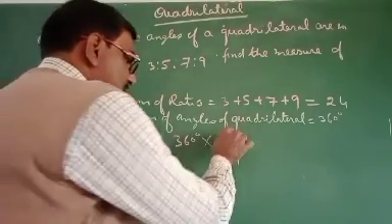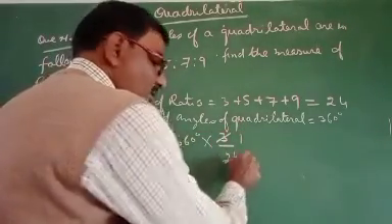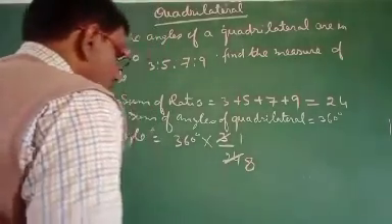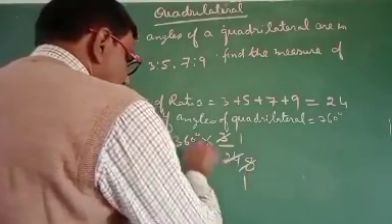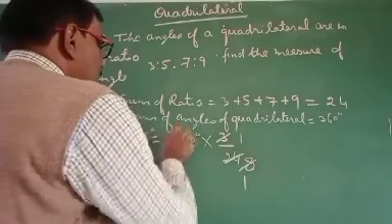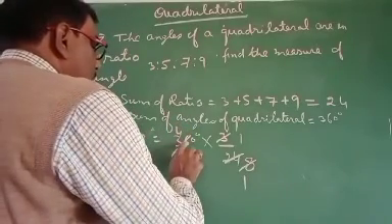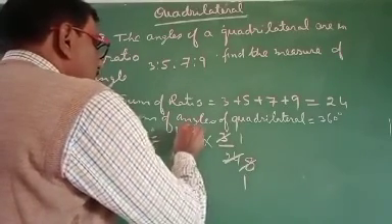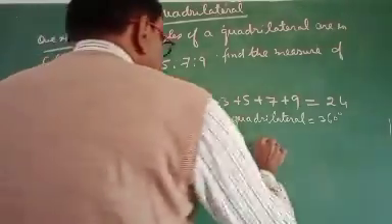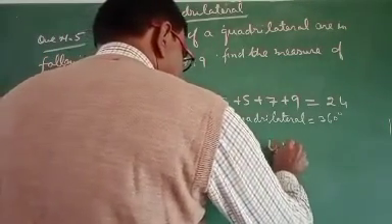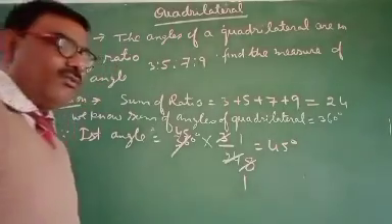Now 3 1 is 3, 3 8 is 24, then 8 1 is 8, 8 4 is 32, 8 5 is 40. Then it will be 45 degree. Therefore the first angle will be 45 degree.